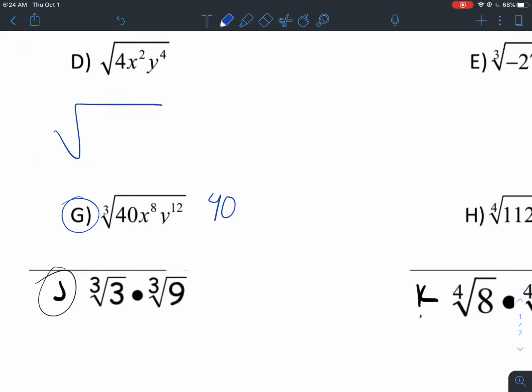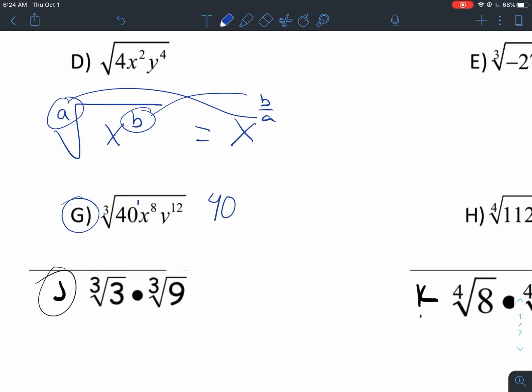So one thing I want to point out, and you might want to write this down, this is always equal to x to the b over a. You take this one, it becomes the denominator, and this one becomes the numerator. So we end up with 40, and notice how this doesn't have a power, so it would just be to the 1/3.